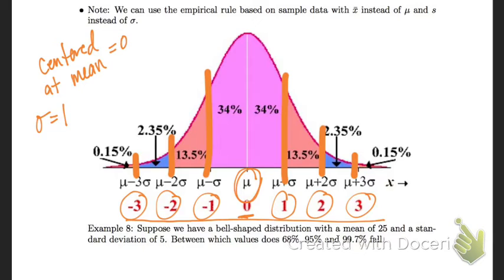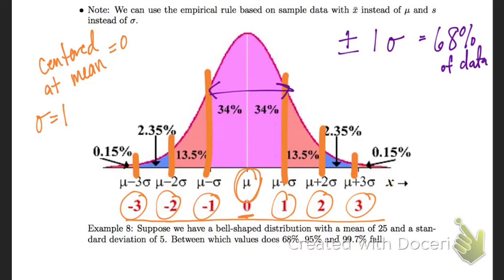To make it a completely normal distribution, it has to follow 3 guidelines. The first is that if you go out plus or minus 1 standard deviation, that contains 68% of the data. So of the people that took the SAT, 68% fall within 1 standard deviation, up 1 or down 1.